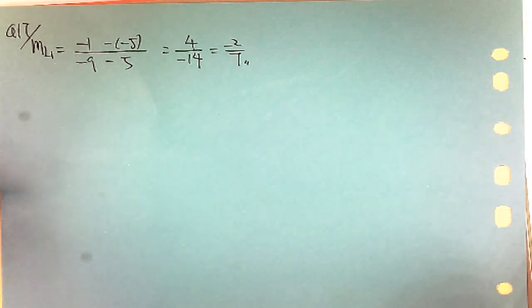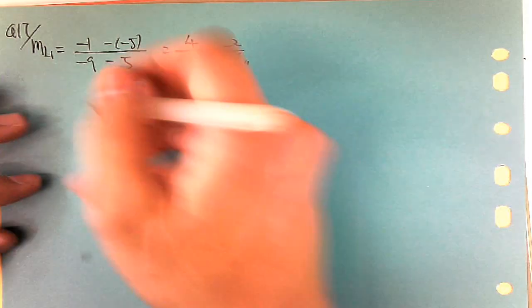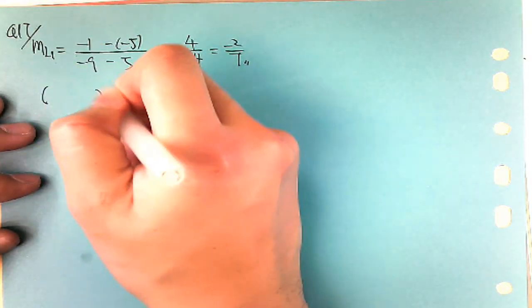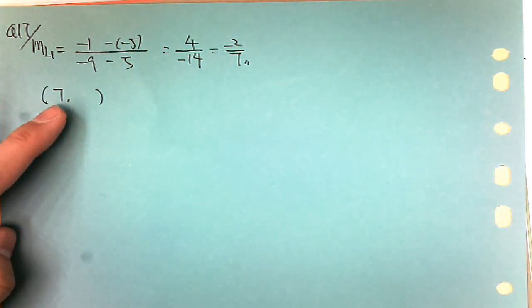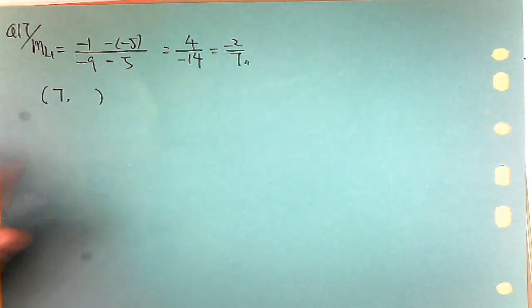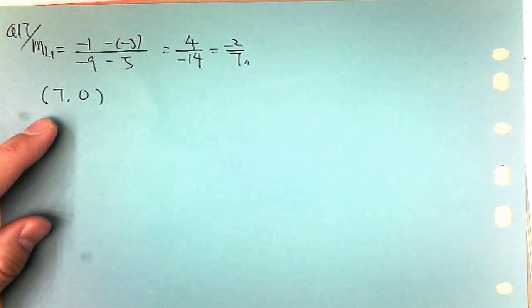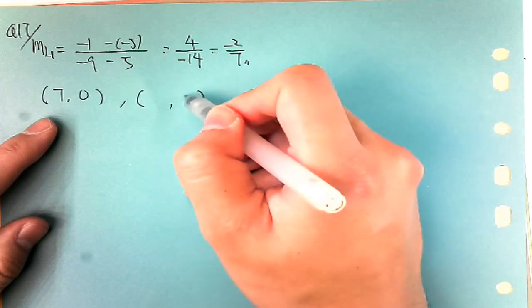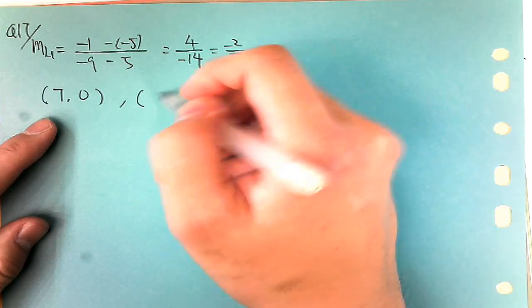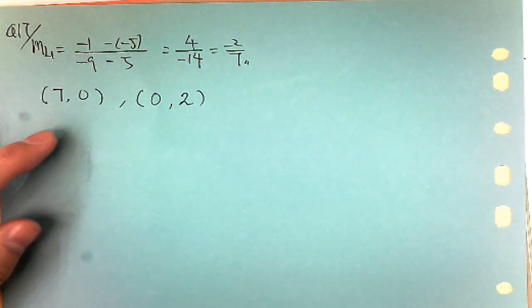So you have to calculate L2, but for L2, you don't know the complete coordinates, right? But the x-intercept is 7, so it's just like this. X-intercept 7. You put a 7 here. The point on the x-axis is 7, so y must be 0. Understand? For the other one, the y-intercept is 2, so put a 2 here. The x part must be 0.